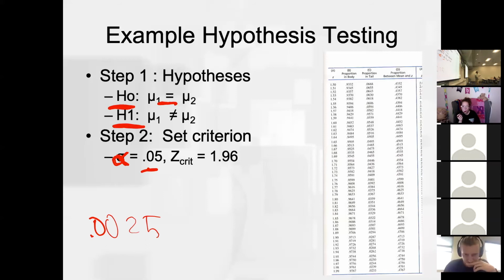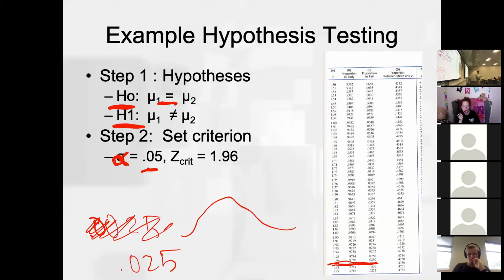And we go all the way down here, right above that line, right? That's in the tail. So 1.96 is our value. So 1.96 is our critical cutoff value.